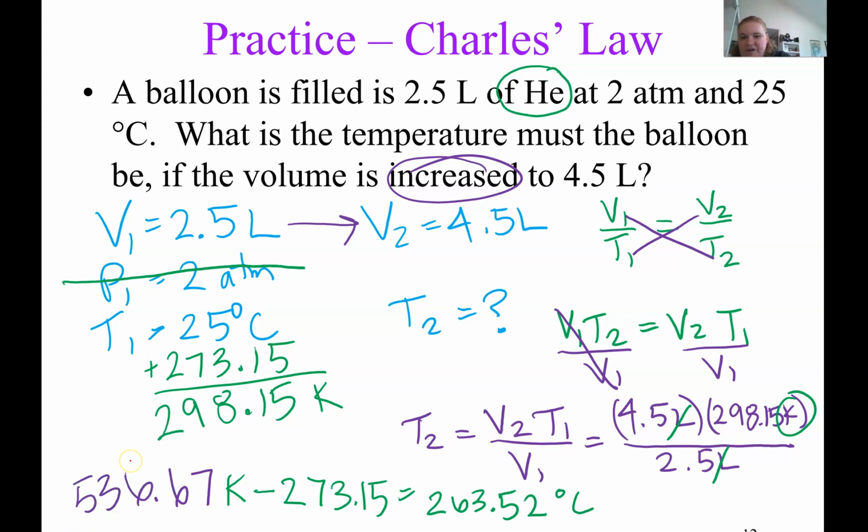All of our starting numbers had 2, so we're going to stop it right there, which means we will have 260 degrees Celsius. So the temperature definitely went up. We went from 25 to 260, so quite an increase.